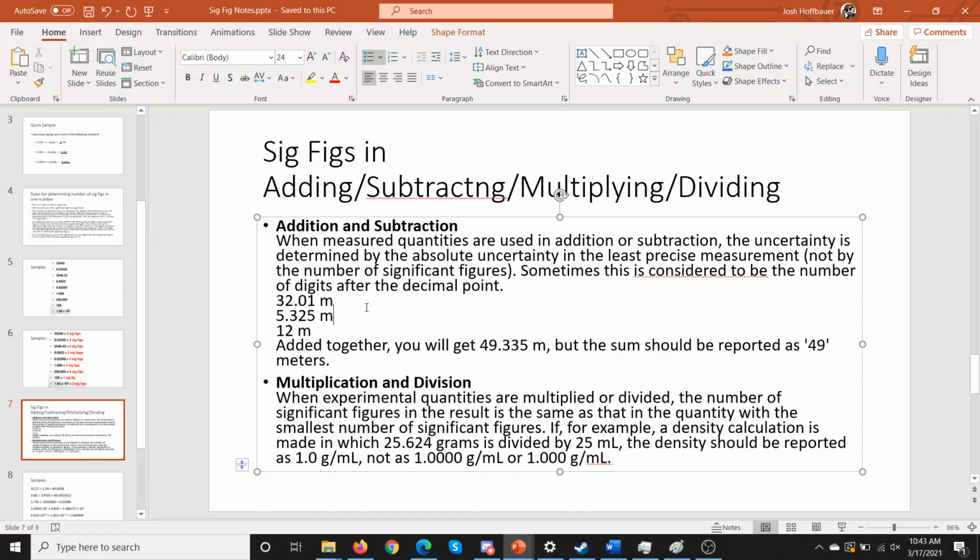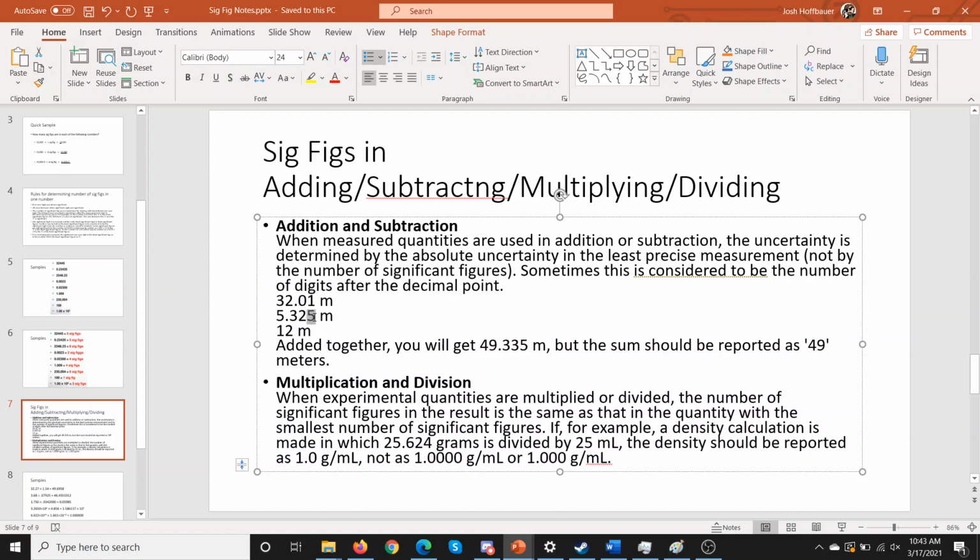You look at which number is the least precise. Our first number here, the 32.01, is precise to the hundredths place. We have a significant figure in the hundredths place, and that's the last one given.